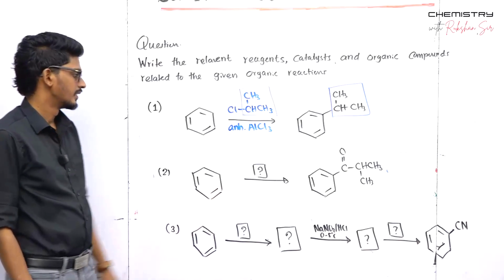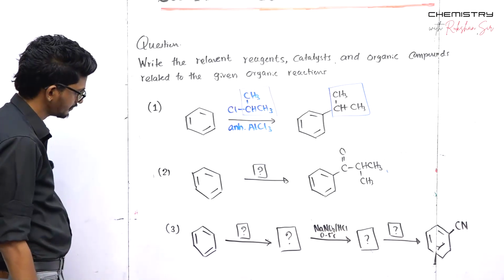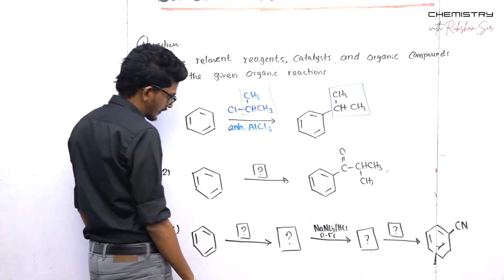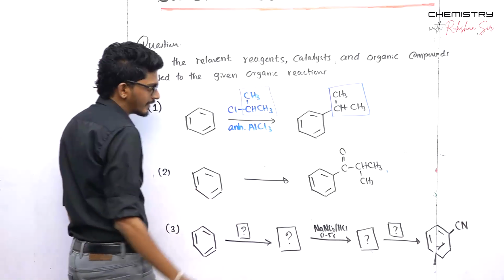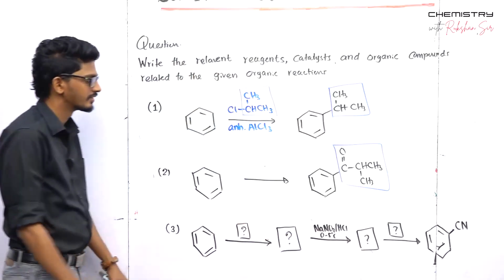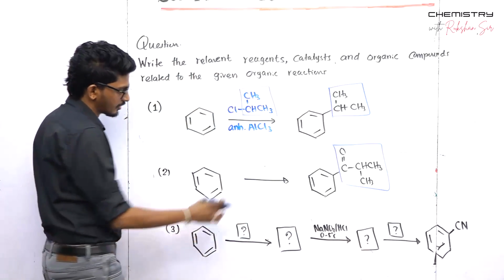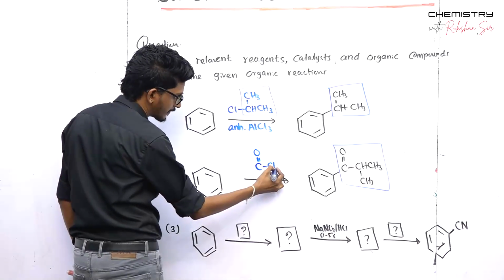Okay. Let's do this one. Right? So you are supposed to connect this group to the ring just by a single step reaction. So just write that group which you are supposed to connect.